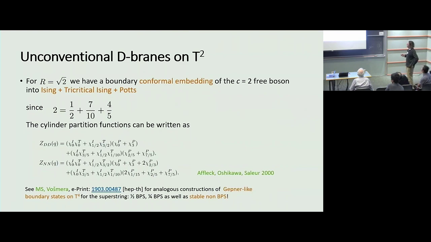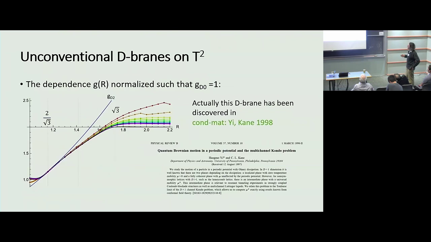And you can work out the correspondence between the cylinder partition functions that was worked out by Affleck, Oshikawa, Saleur, and we can calculate the coefficients of the boundary state analytically, and they agree with these numerical values as well.